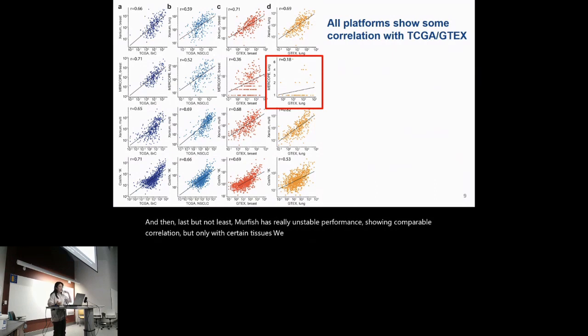We also noticed the unsatisfying Merscope long panel performance, with an extremely low number of transcripts detected, that might be due to the experimental workflow. Since 5 nanometer imaging was used, we are re-performing experiments with 10 nanometer. But again, Merscope still suffers from a low correlation with many tissue types.